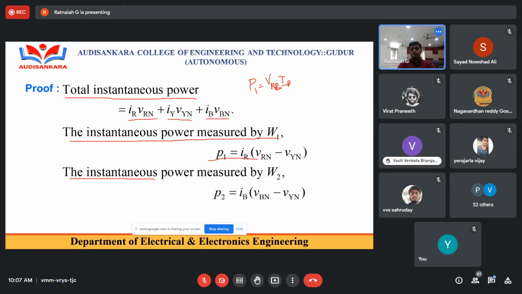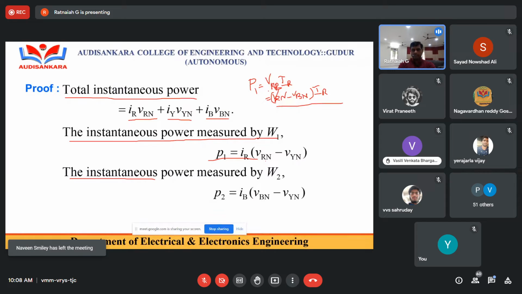VRB is the line voltage, which in terms of phases is the vector difference of two phases, VRN minus VBN, multiplied with IR. This is the first wattmeter reading.